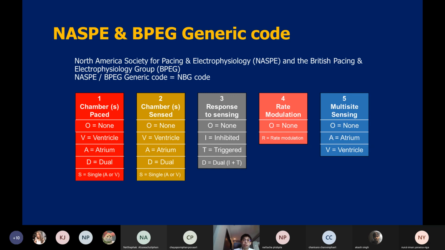The second letter of the code is the sensing chamber. It represents that the pacemaker could sense from the chamber the letter represents. So if you have V in the second letter, that means the pacemaker would sense intrinsic rhythm from the ventricle.